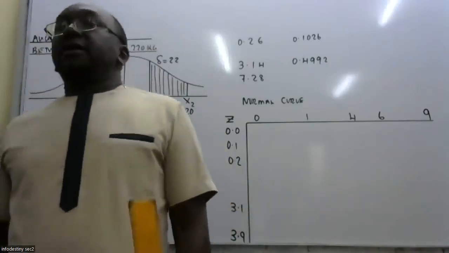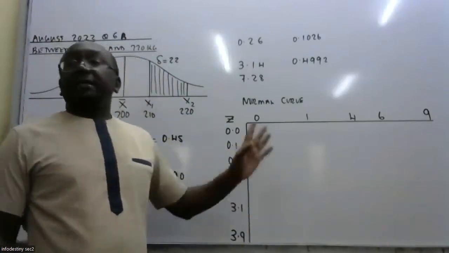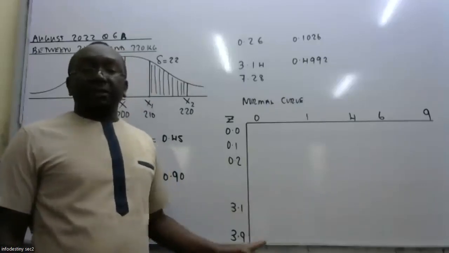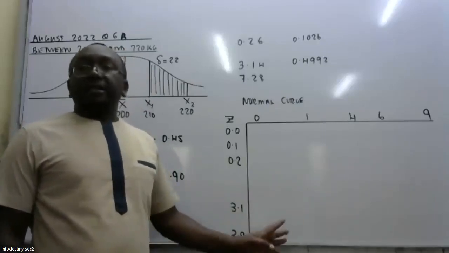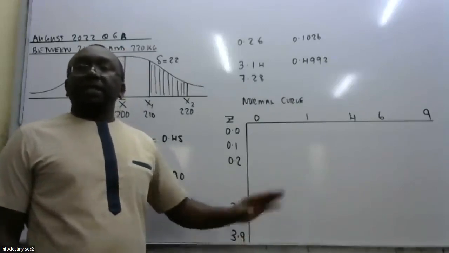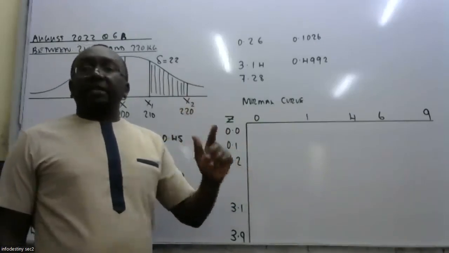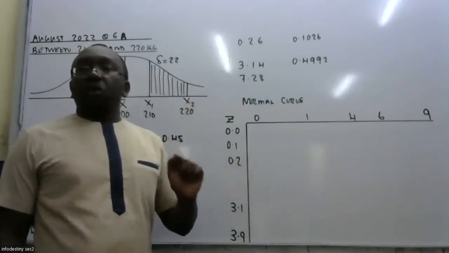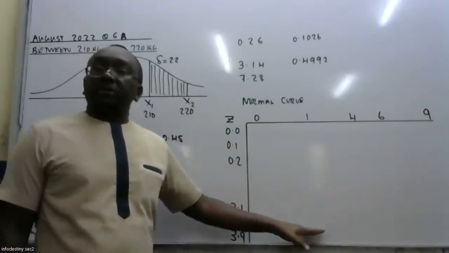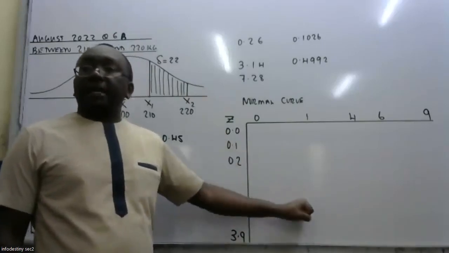Good. Now, if you compute a value and you find that it is greater than the table that you have, by the way, it is not every table that goes to 3.9. There are other tables that will stop at 3.0 or 3 point something else. But the concepts of reading are the same. So if you get a value that is more than the table that you have, we go by the highest value in the table at hand.